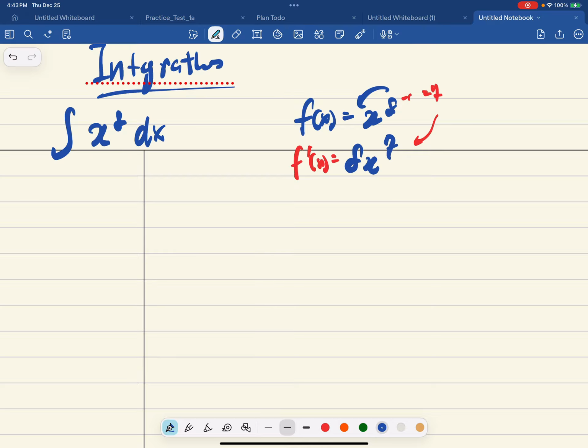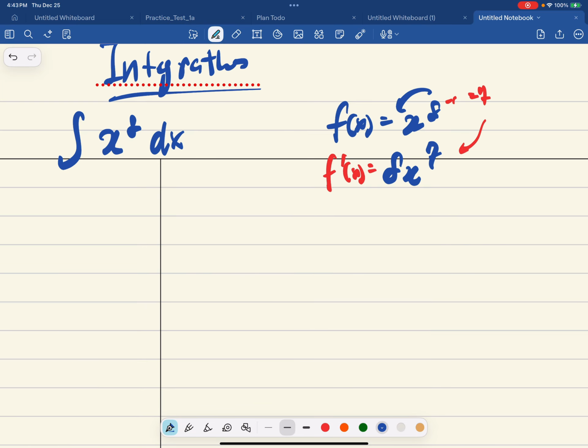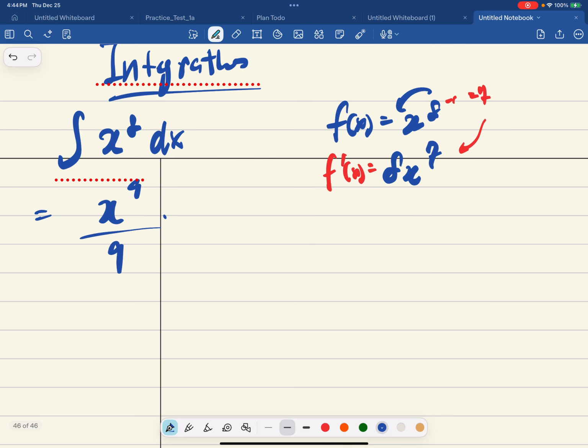But when it is the integration, you could maybe come up with it if you're really clever enough and you're a really bright student, but it's the same thing but opposite. You're going to be doing x to the 8 plus 1, so that becomes a 9, divided by 9. And if you realize, turning this into a derivative will give you x to the 8 again.